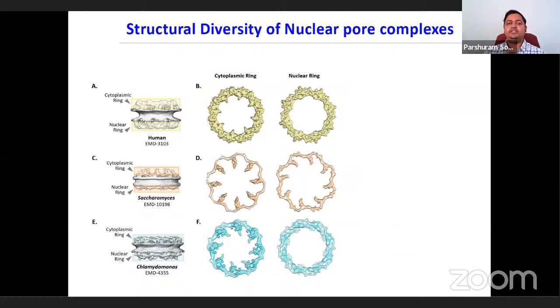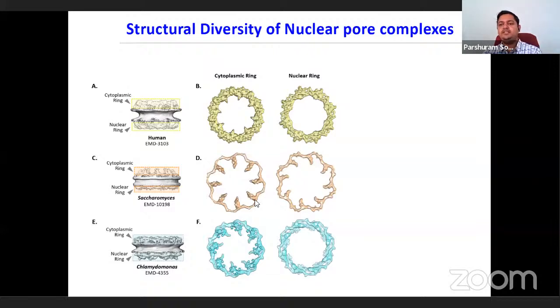This particular challenge is also compounded by the presence of structural diversity at the subcomplex level as well. In this case, I am showing the 3 nuclear pore complexes from human, yeast, as well as Chlamydomonas. You can see the top ring and nuclear ring present in the nuclear pore complex, and these are the cross-sectional views of these rings from human, Saccharomyces, and Chlamydomonas.